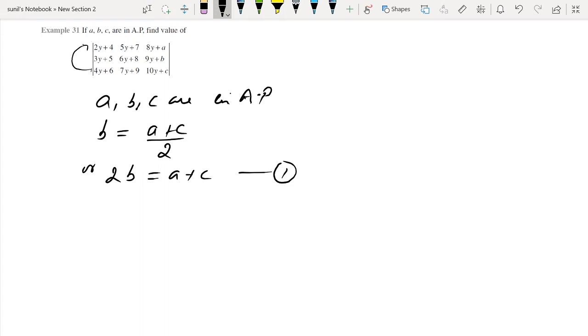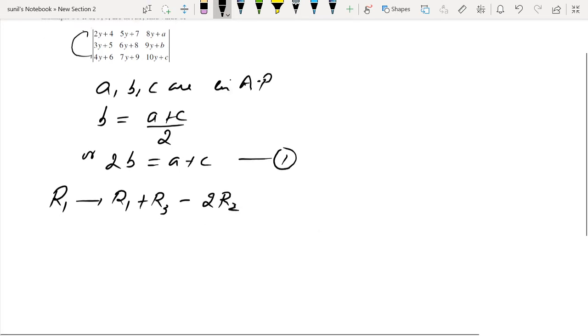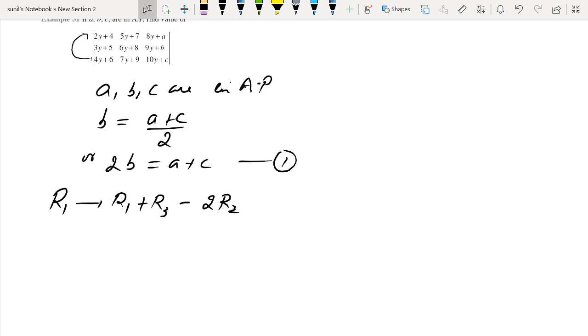Okay, now what I'm applying here: on R1, if I apply the operation R1 plus R3 minus 2 times R2. Now what you will observe here, now see, it is something like this.